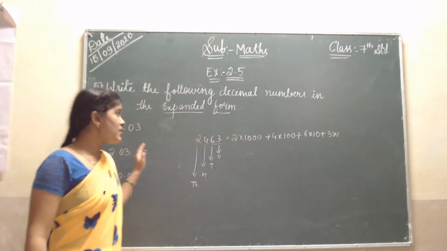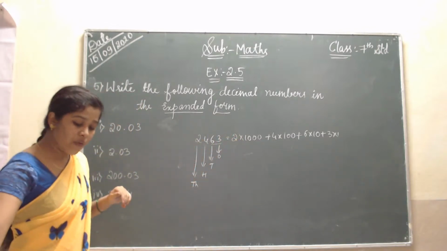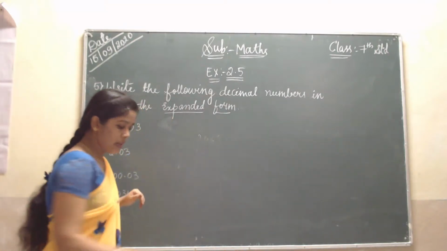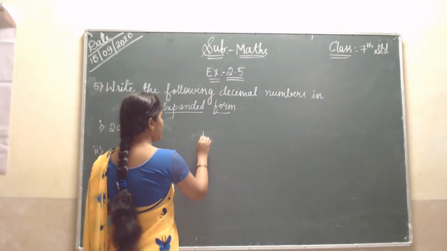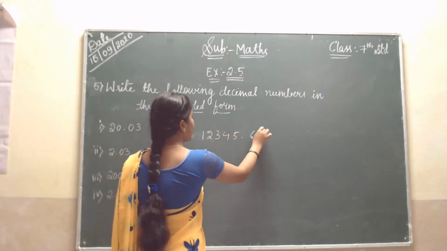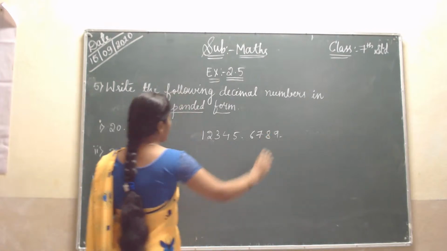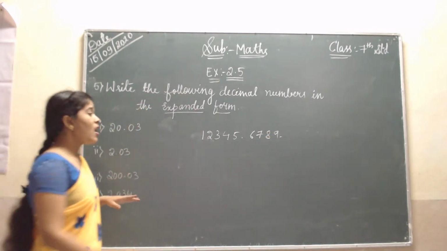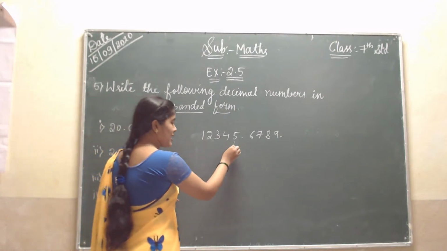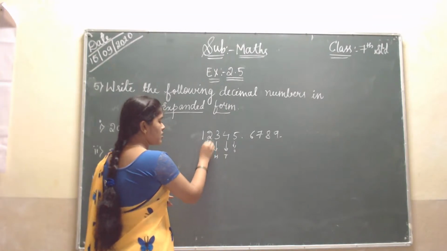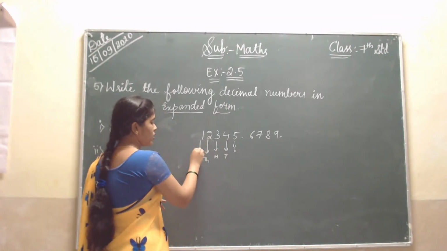Here in this, how do we have to expand? See here. Take another example, for example, 12345.6789. See here, the question is in decimal. Decimal means before the decimal point, as it is, ones, tens, hundreds, thousand, 10,000.